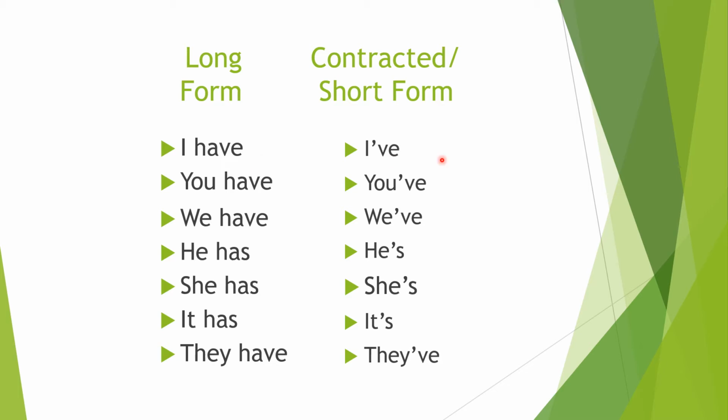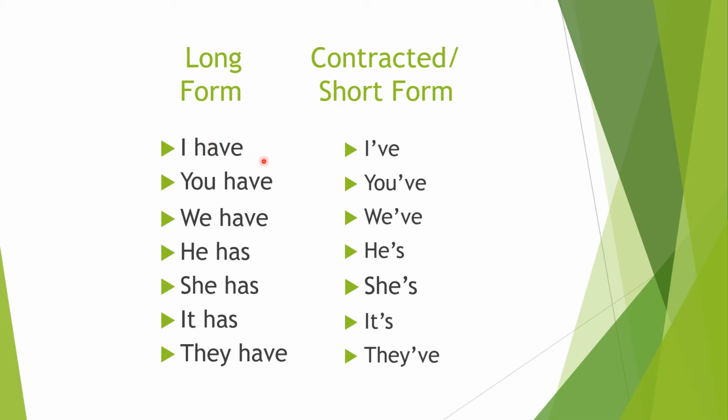I have, I apostrophe VE. Whenever there is have or has, apostrophe VE for have, apostrophe S for has. In the last slide we did it as he is, but here it is has. We will come to it also.